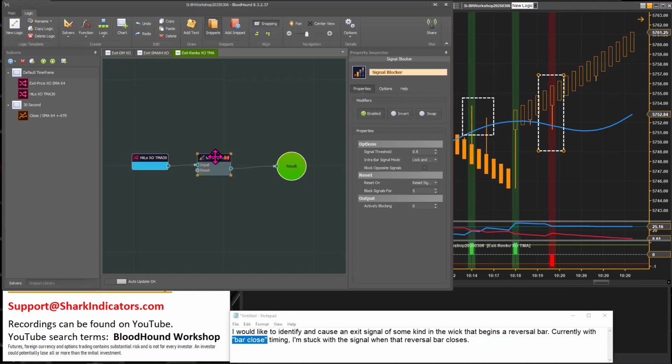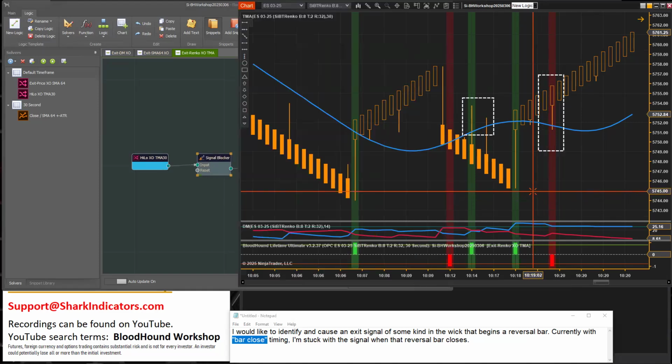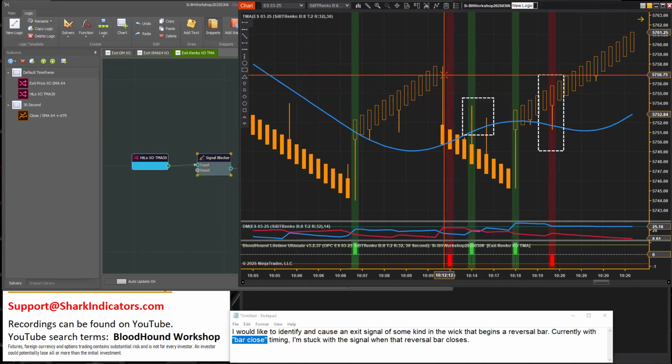If we're going to use a signal blocker for this, you'll notice that what comes in is a long signal, but what you're trying to block are the opposite signals. This reversal signal here is a short, and the two that you're trying to block are long signals here.